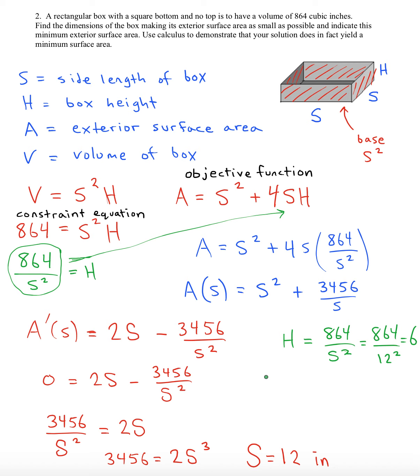All right, what would be that minimum area then? Let's go back to the area function, plug in our 12 for the side, and then 6 for our height.